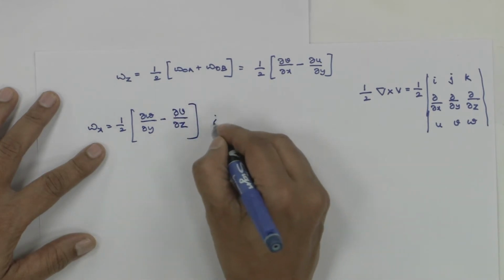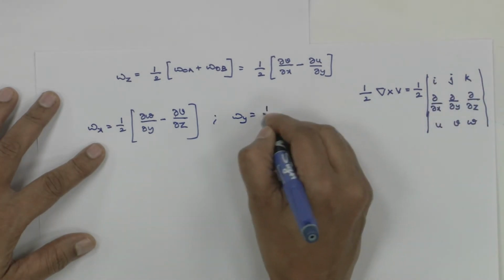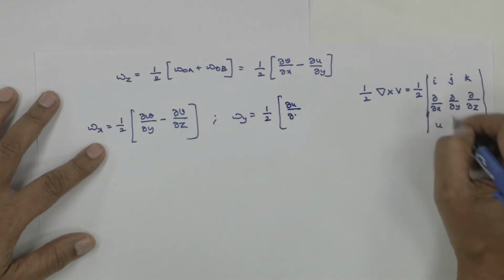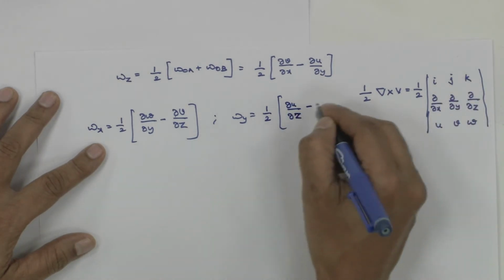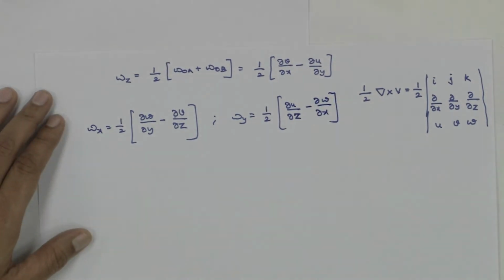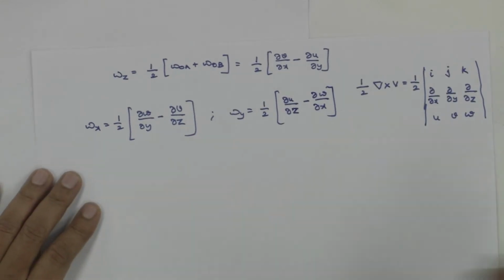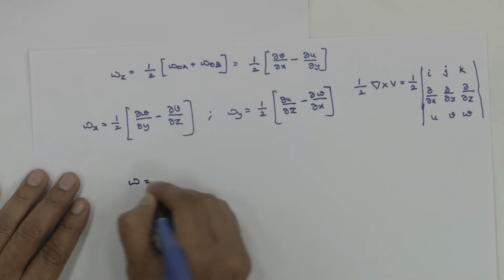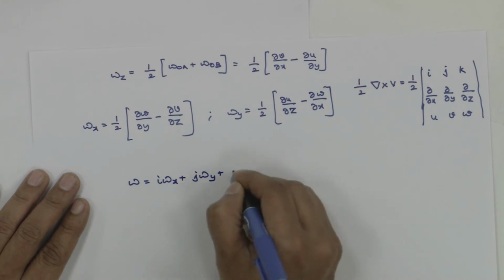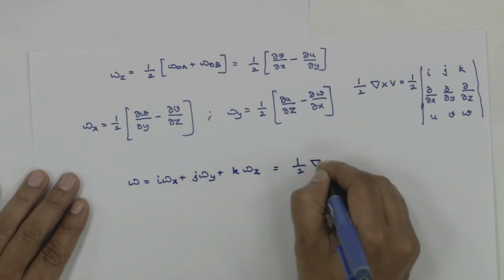And similarly, omega y is equal to half of ∂u/∂z minus ∂w/∂x. So this is the physical understanding. If we say that omega is equal to i omega x plus j omega y plus k omega z, it is equal to half of del cross V.